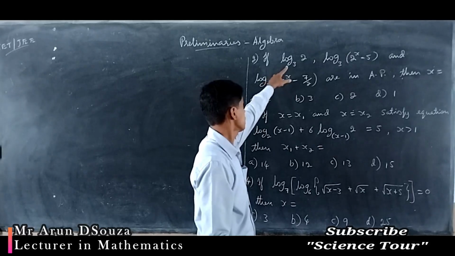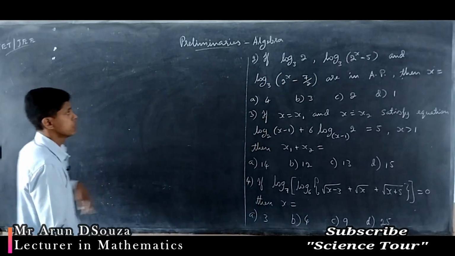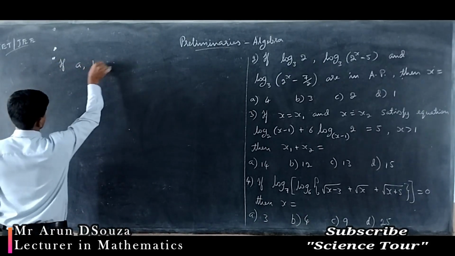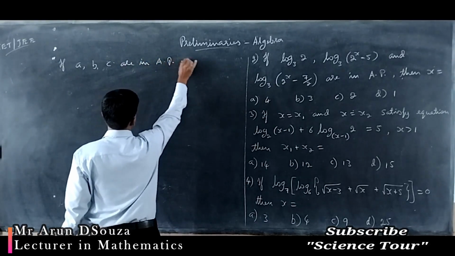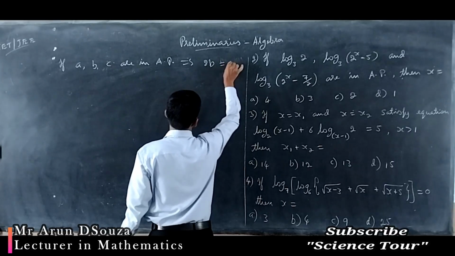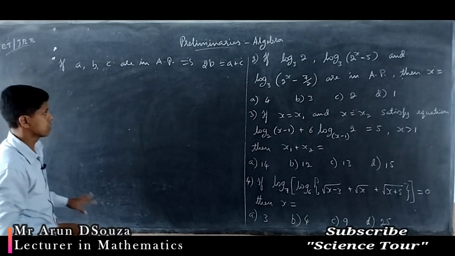This is the first term, second term and the third term, and they are in AP. Then if A, B, C are in AP, it implies 2B is equal to A plus C. Well, that's the condition, let us remember.